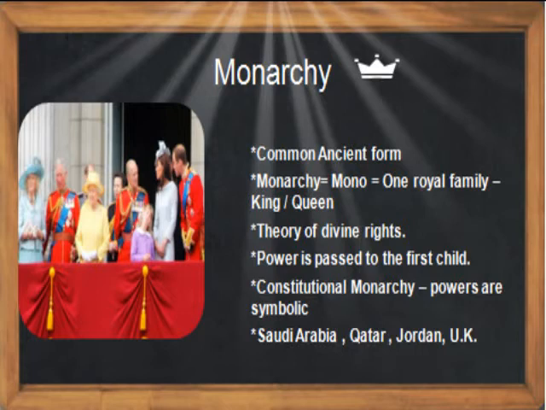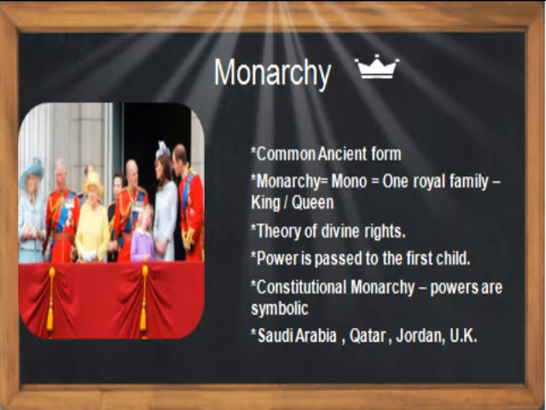They hold the absolute power. No one can challenge them, and monarchy believes in the theory of divine rights, meaning they believe that the king or queen gets their power through God. They are the representatives of God, and God has given them the power.